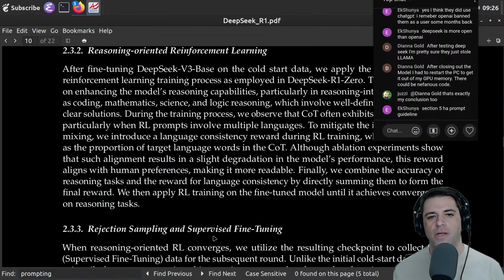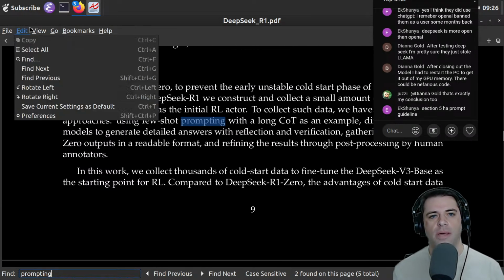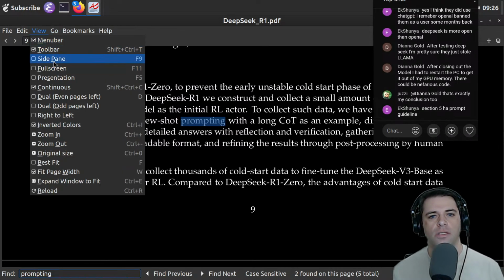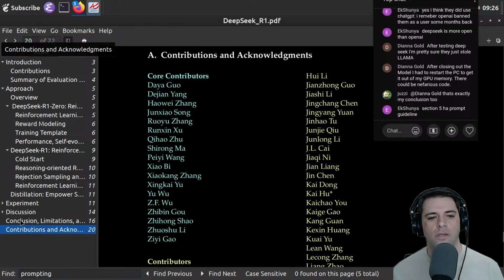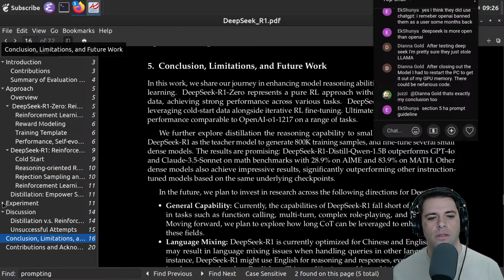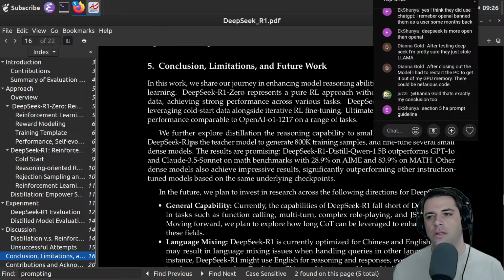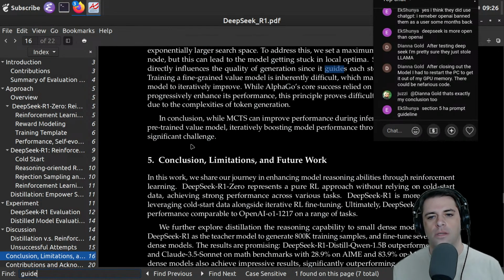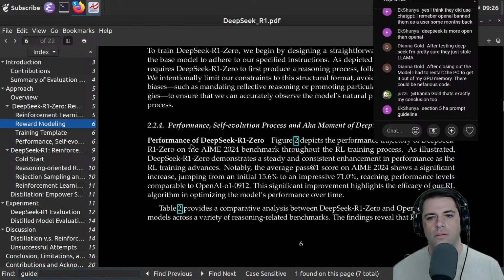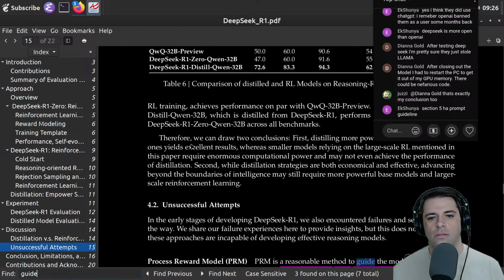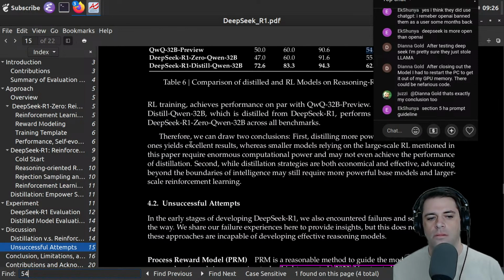Is 5A the appendix? Let's go. Where did my table of contents go? I closed it, didn't I? Side panel. Section 5.